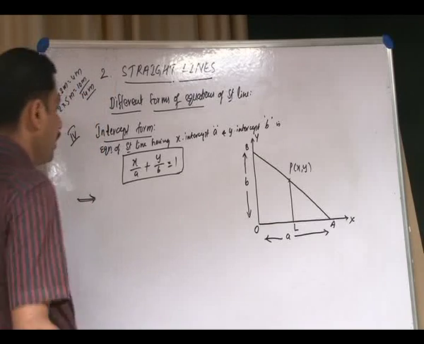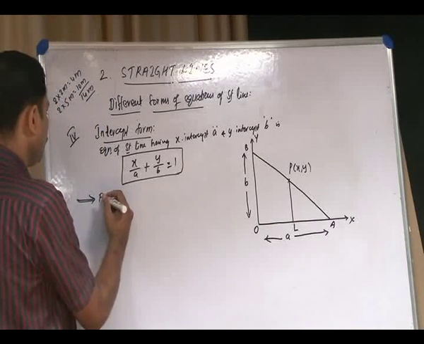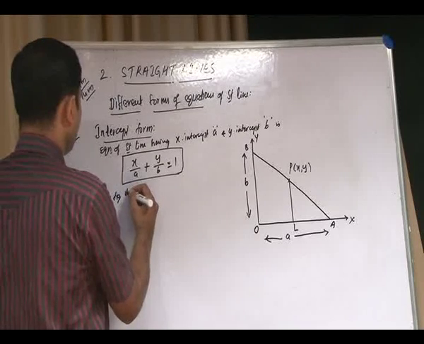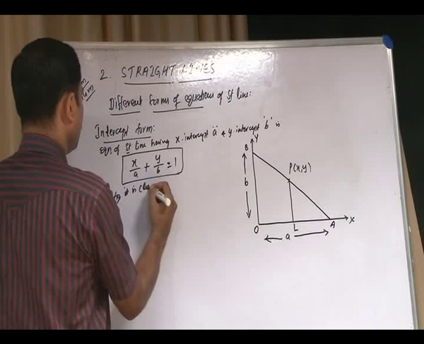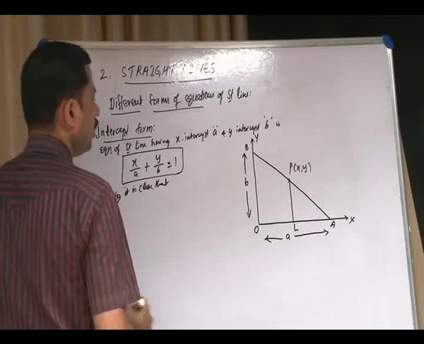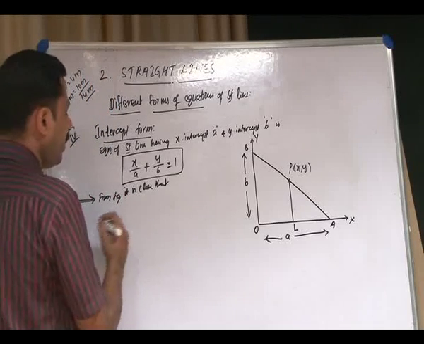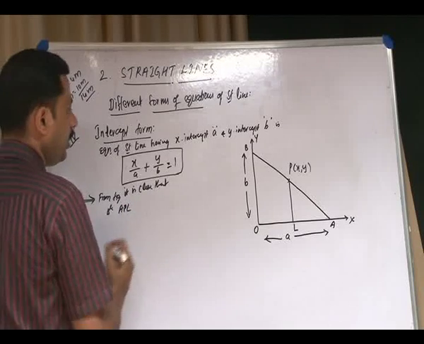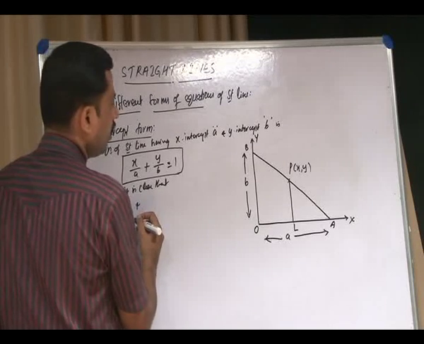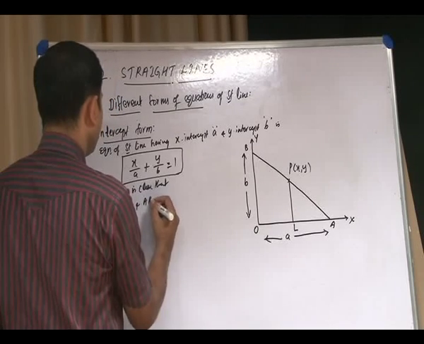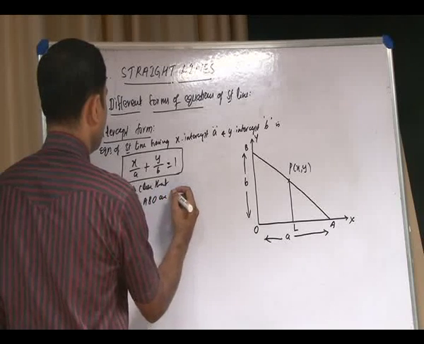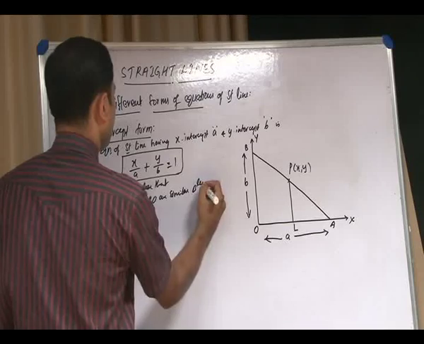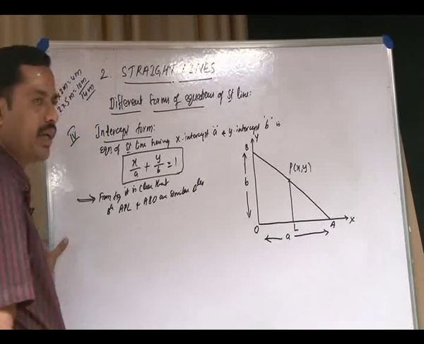So from figure it is clear that triangle APL and triangle ABO are similar triangles.